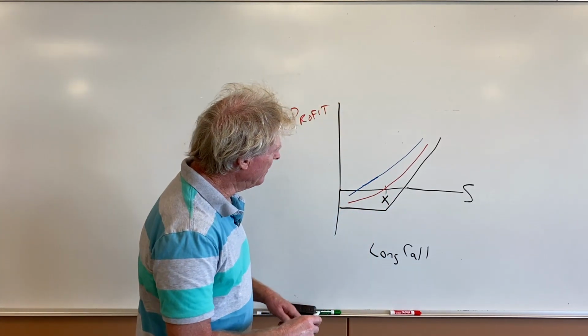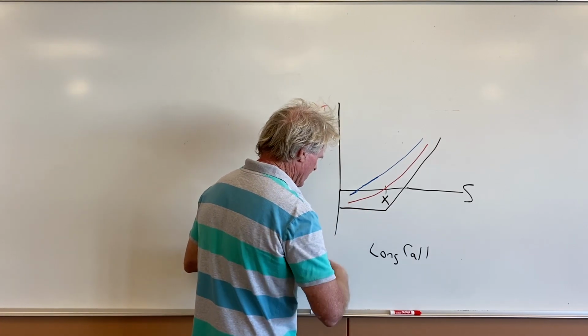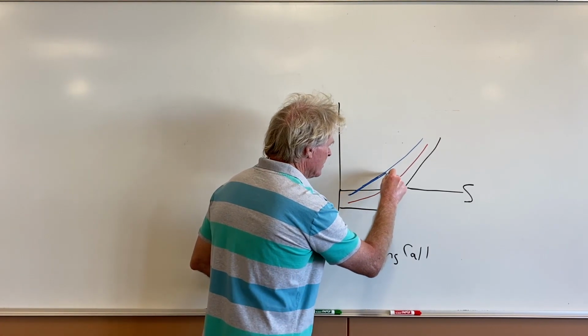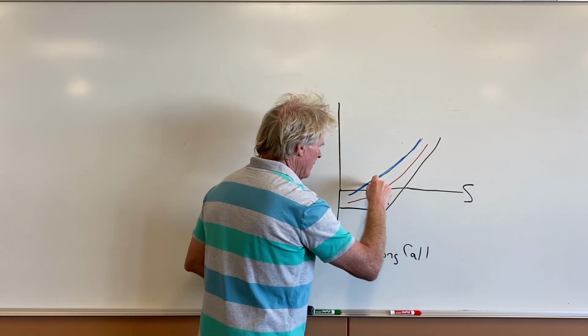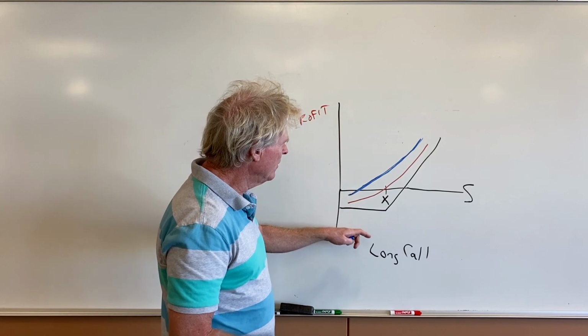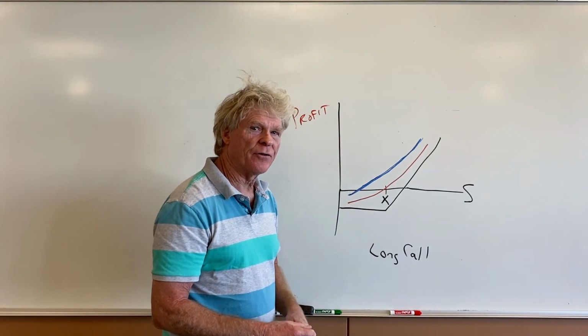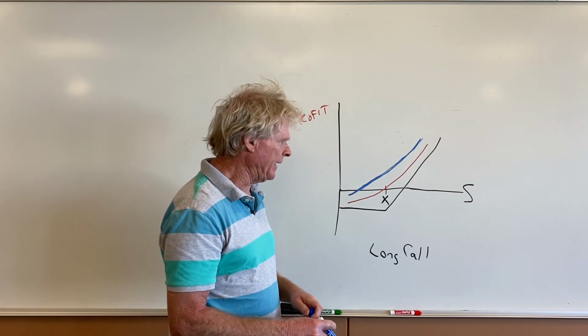Okay, and this segment, which I'm trying to draw as also being convex. There we go. Okay, this shows a profit diagram for a long call position for another different time remaining.